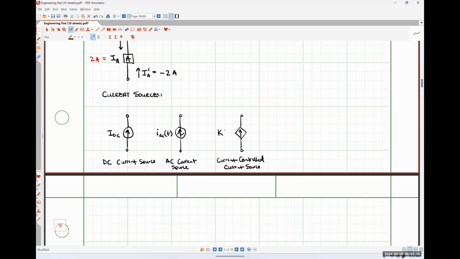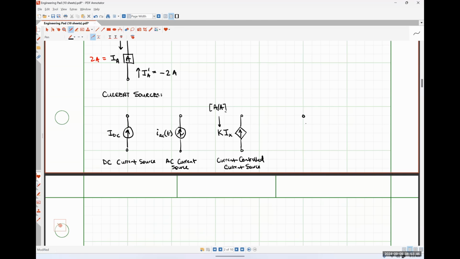So we're going to have K times some current IX, where in this case, our scaling factor of K is measured in amps per amp, or a unitless quantity. So if IX is 2 amps and K is 3 amps per amp, then we get a total output current of 6 amps for this device.